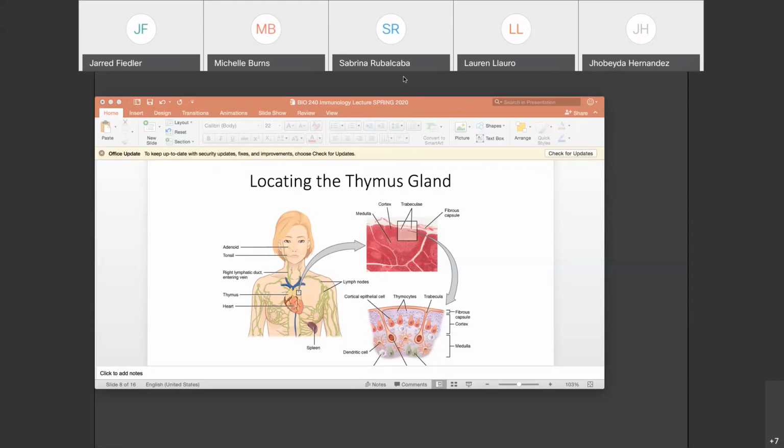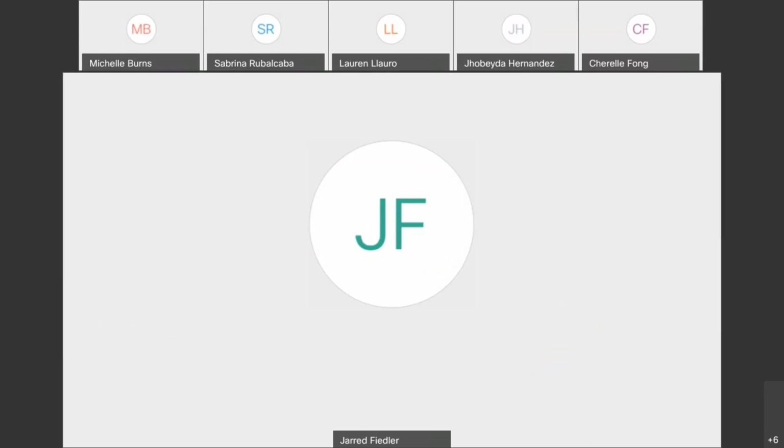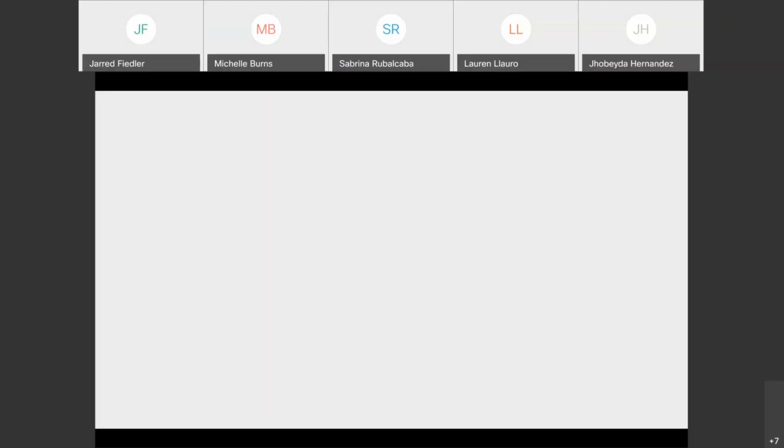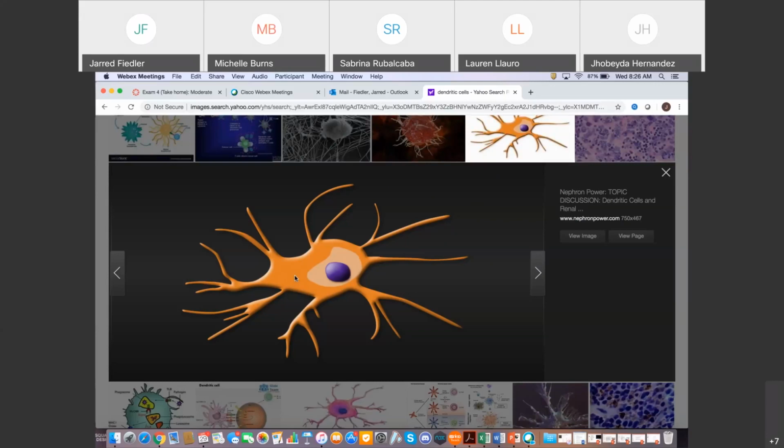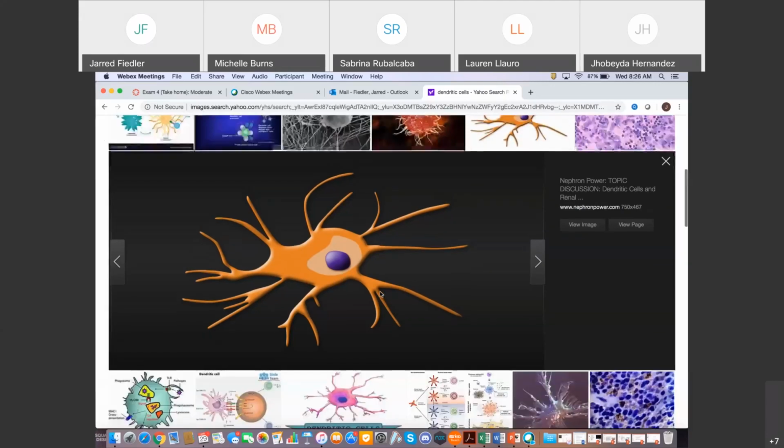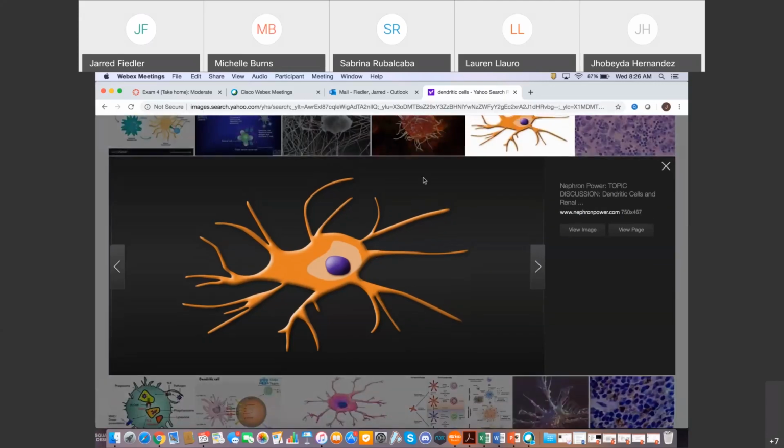I'm going to switch sharing to screen share quickly. It is a good question, Carolina. Do you guys see that? What does that remind you of?